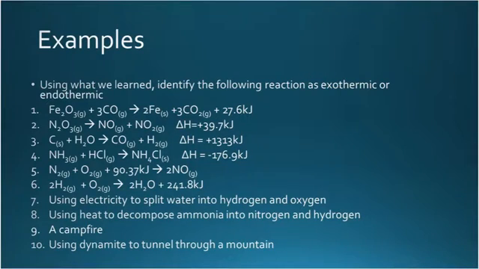So we're going to look at a few examples here. This is going to be fairly similar to what your assignment will look like. We're going to decide if each of these is endothermic or exothermic. Our first reaction, we can see that the energy is a product. So the energy is exiting the system, so that's an exothermic reaction.